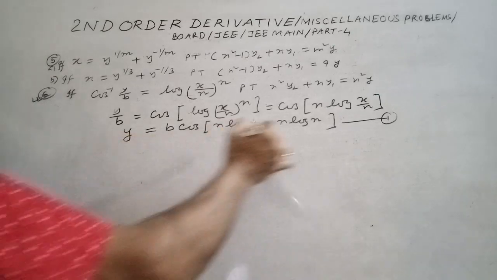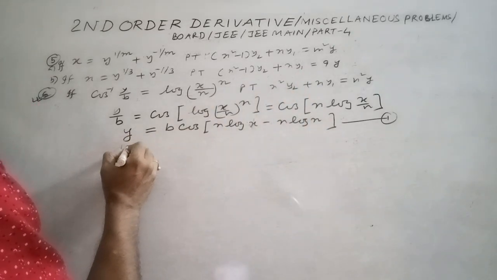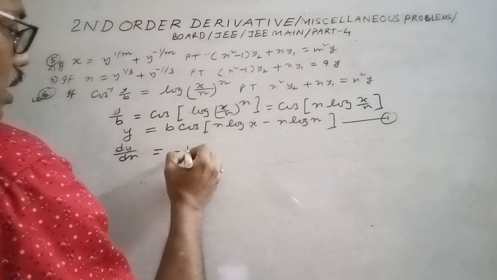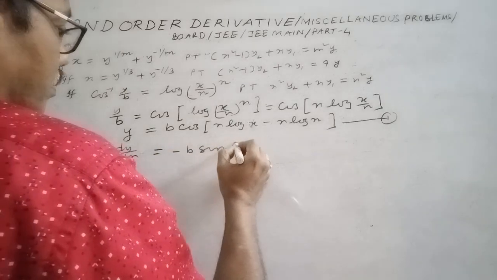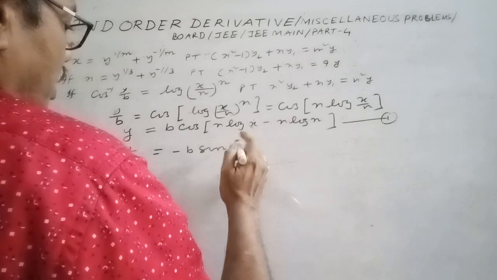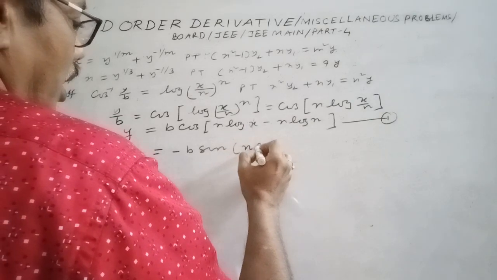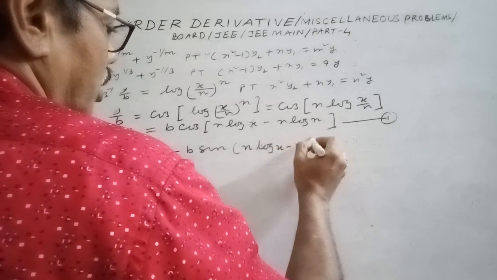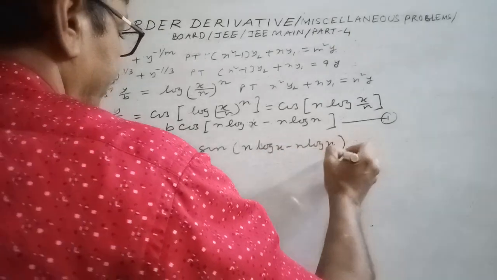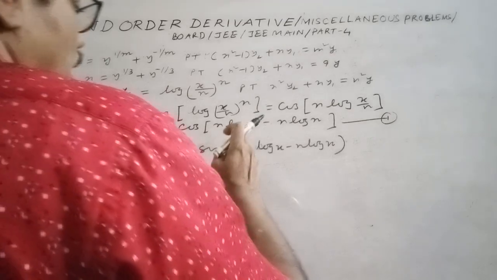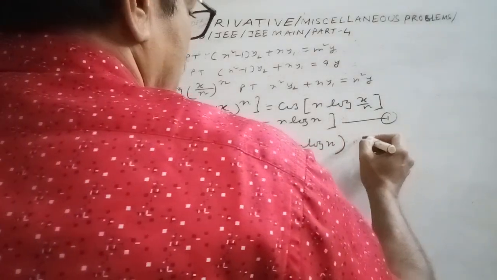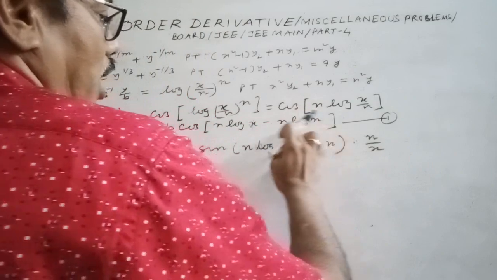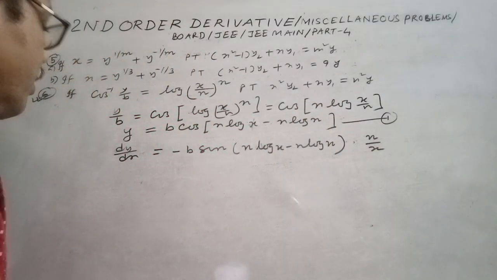So, differentiate y. dy by dx equals minus b sine of (n log x minus n log n), then the derivative of the argument, which is n by x. n log n is constant.